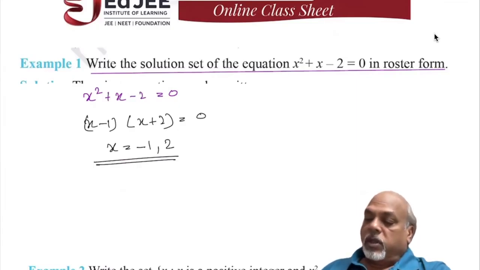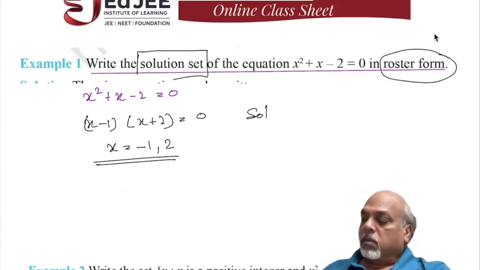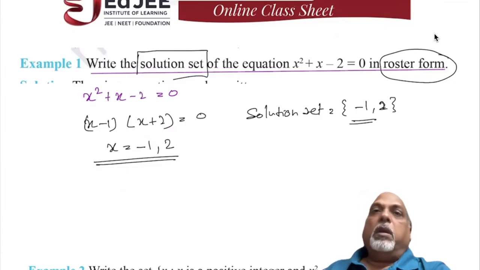The solution set in the roster form is nothing but minus 2 and 1. That is the answer. Correct?